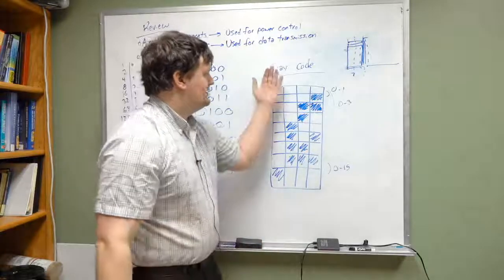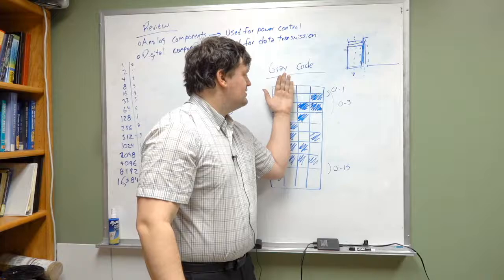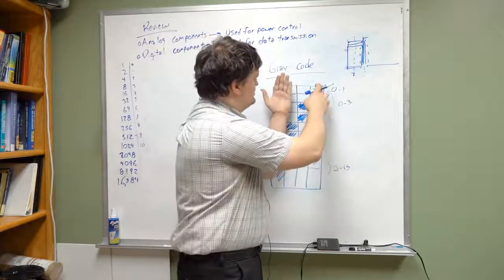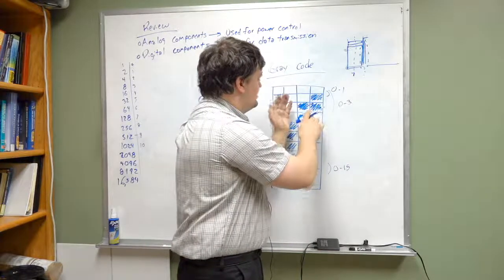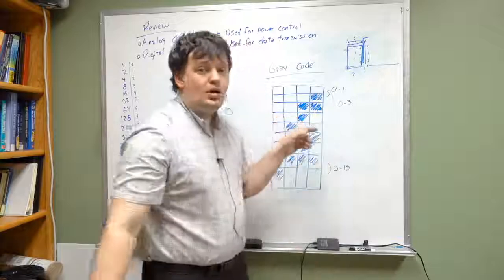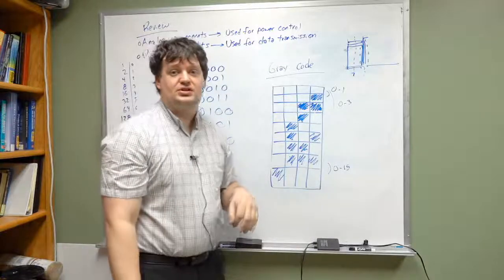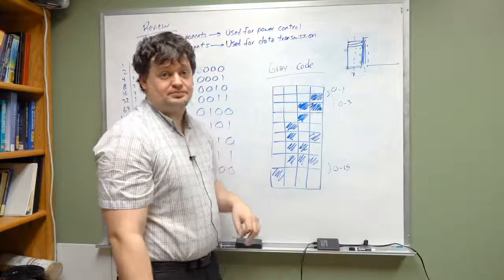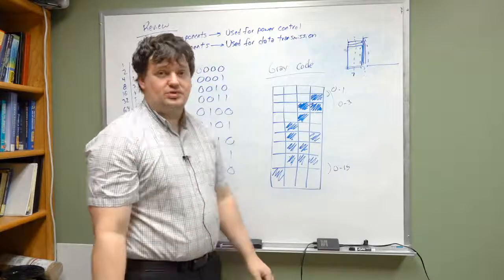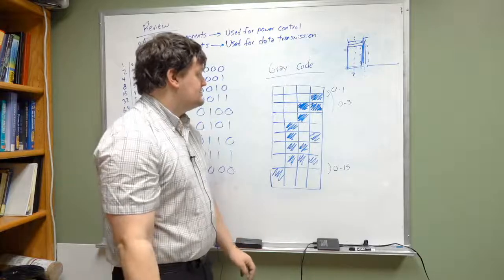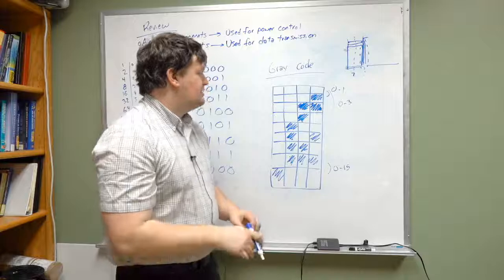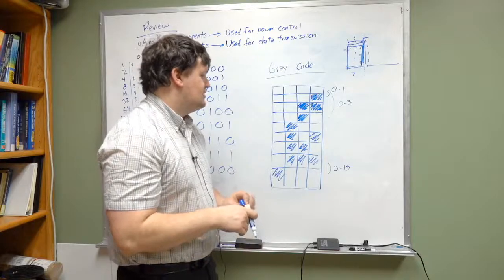Okay, now the moment I've done that, 0, 1, 2, 3, there is only one block transition in each of them. That's all. There isn't any big number changes.